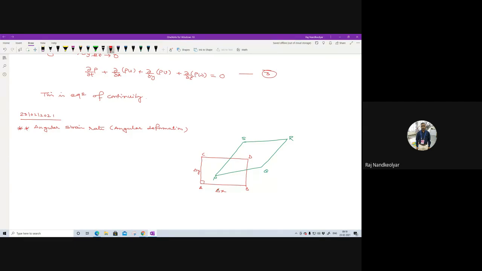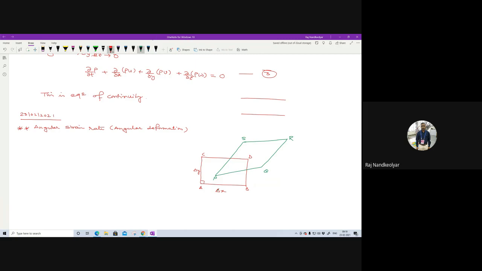देखो मैं तुमको समझा रहा हूं, मैंने इसको पहले भी बताया था कि when actually a fluid flows, let us take an example of fluid flow between two plates.